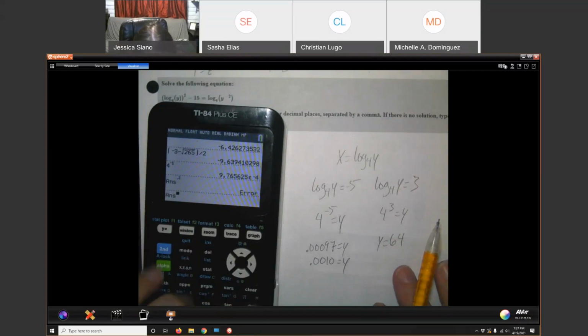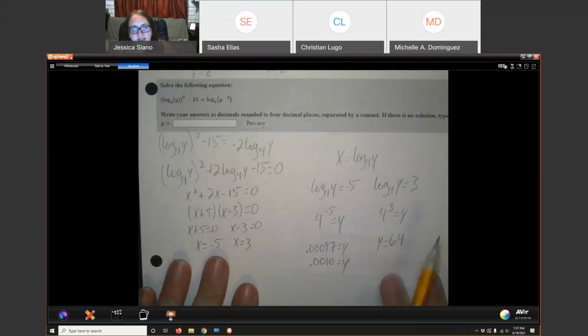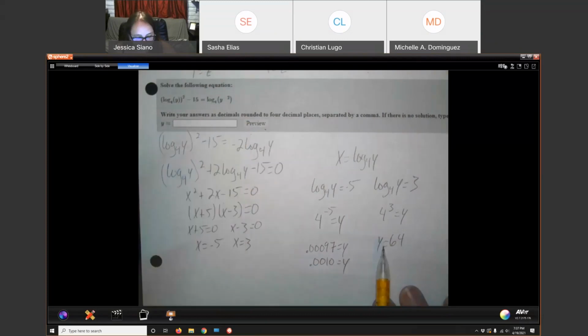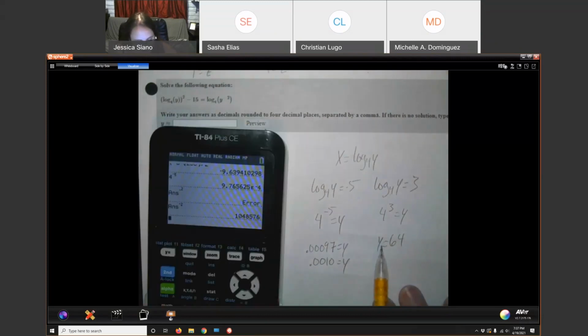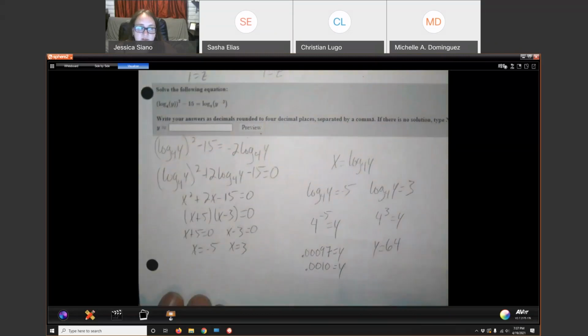I put it in wrong. See? Okay. And then 64 is fine here. And then 64 to the -2 is also not going to be negative. It's going to be 1 over 64 squared. Still positive though. So both of these answers work as well.